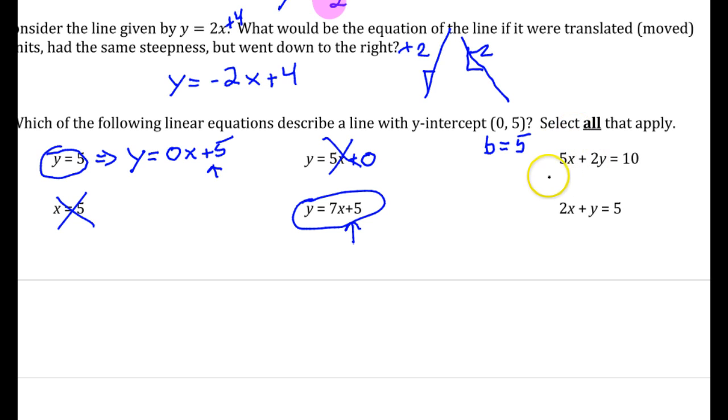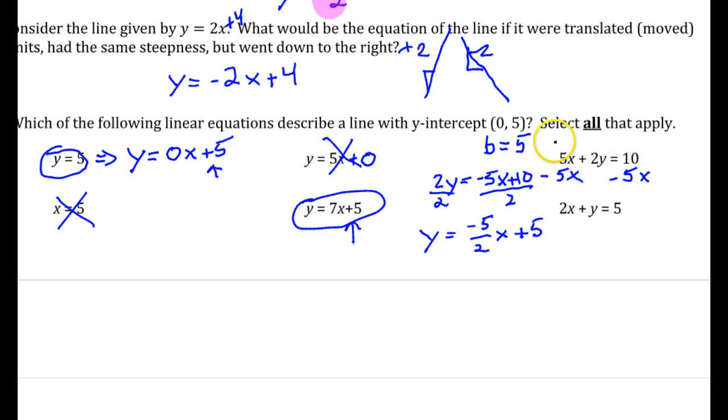And over here, we can subtract 5x on both sides, divide both sides by 2, and see what comes out to be. 2y equals -5x plus 10. Okay. Divide everything by 2. And sure enough, -5 over 2 x plus 5.